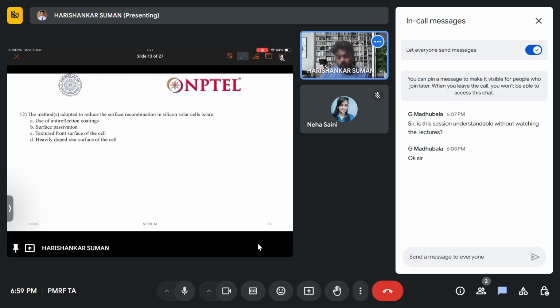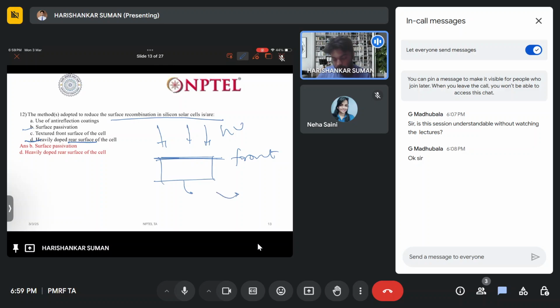The methods to reduce the surface recombination in silicon solar cell are surface passivation and heavily doped rear surface. We have two surfaces. Let's say incident light is h nu. This is the front. This side is the rear.